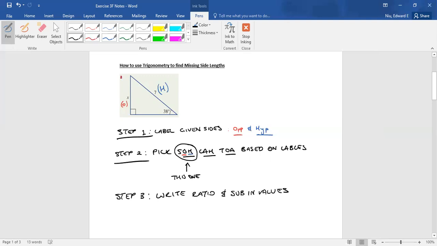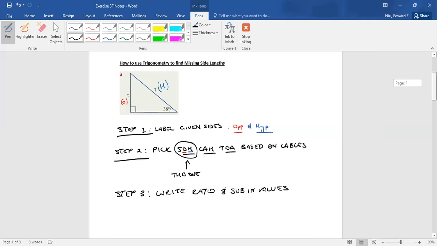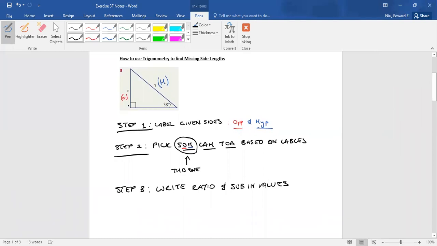We know the sine ratio always compares the opposite side divided by the hypotenuse side, or the opposite side compared to the hypotenuse side. So with this abbreviation SOH, we say sine theta equals the opposite, which we had in red, on the hypotenuse.